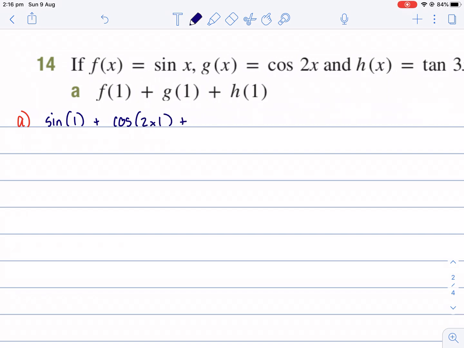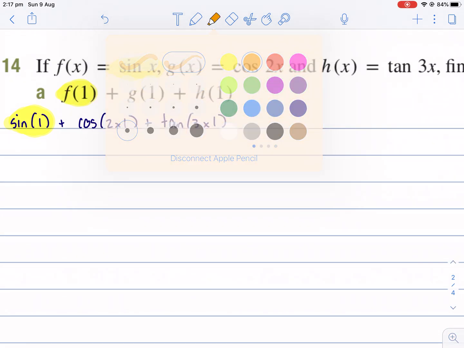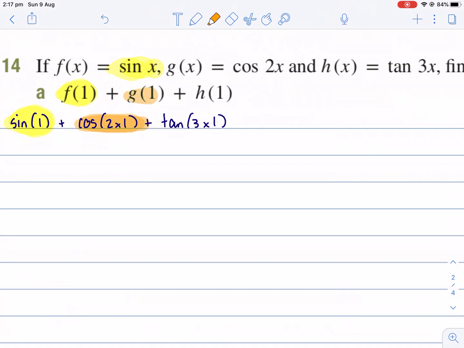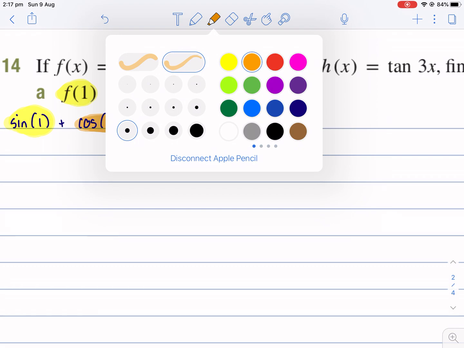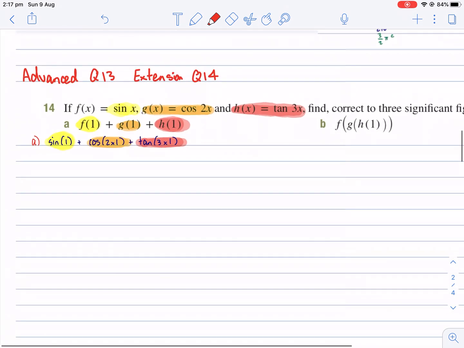When they say h of 1, that's tan 3 times 1. So sine, cos, and tan.